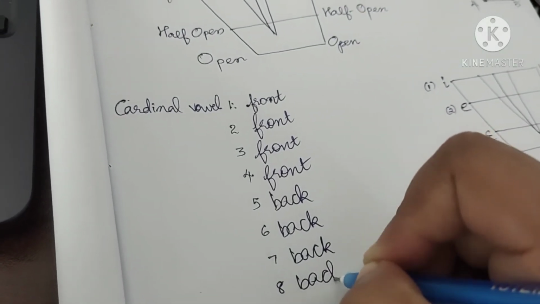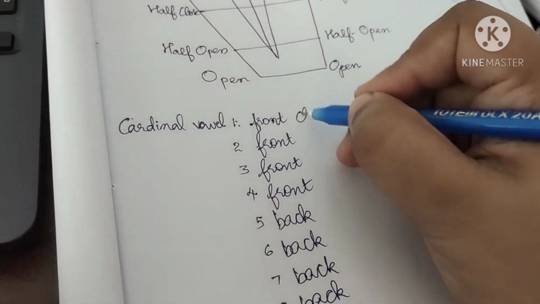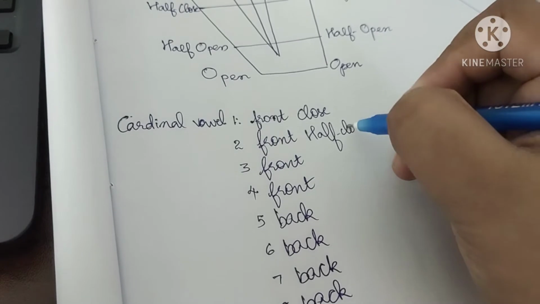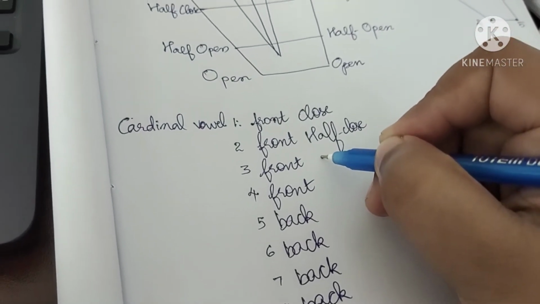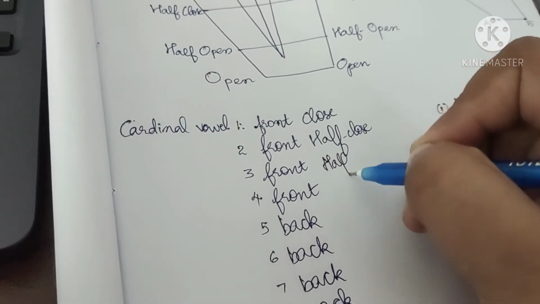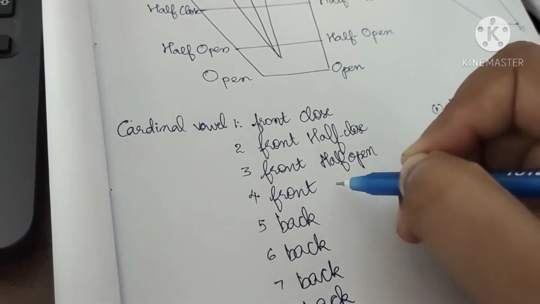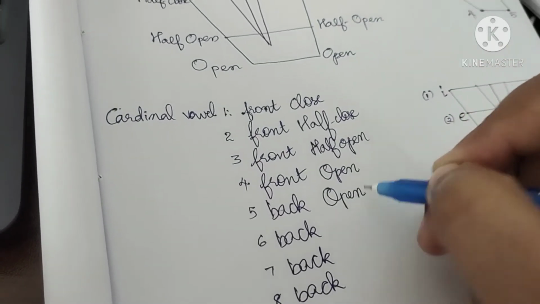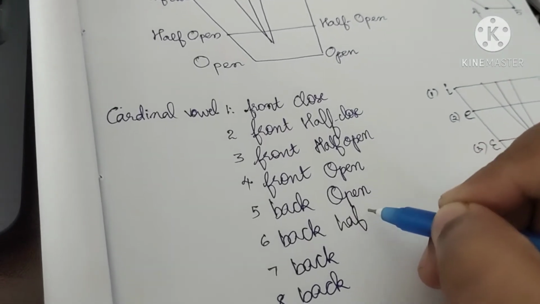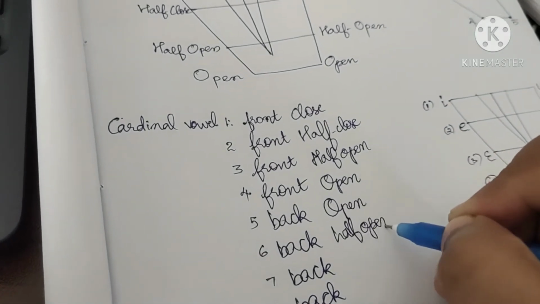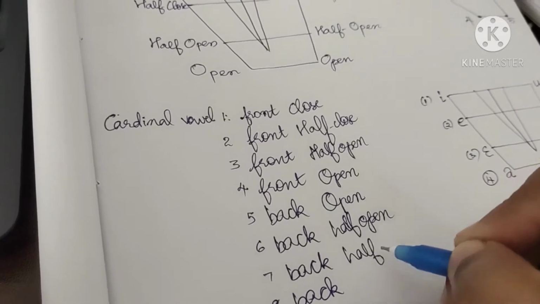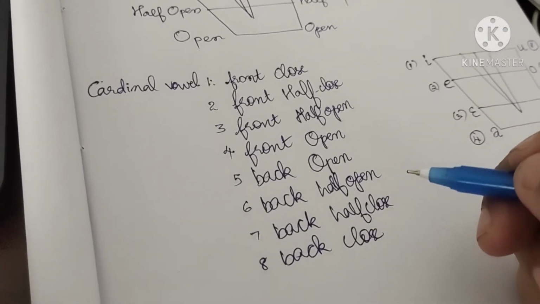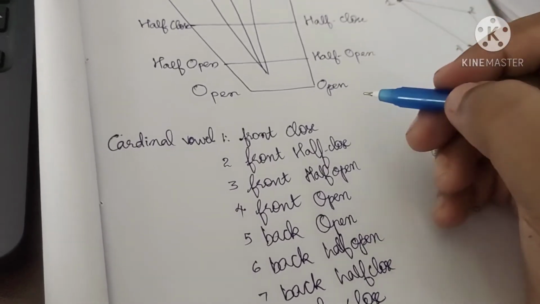Then the next row will be like this: close, half close, half open, open. Then again open, half open, half close, close. Very easy, right? This is for the exam point of view.